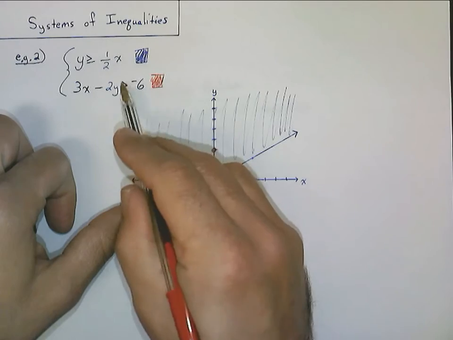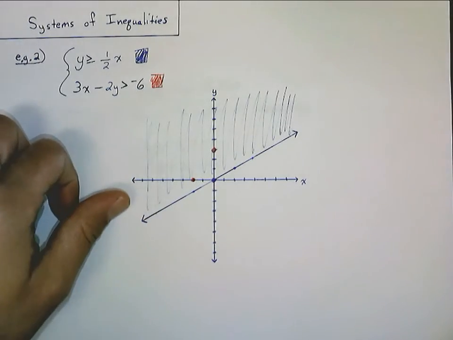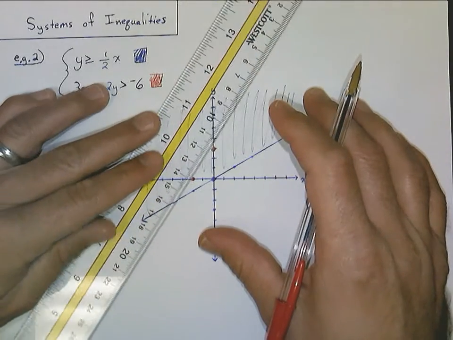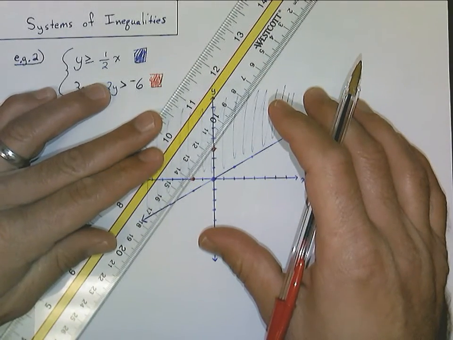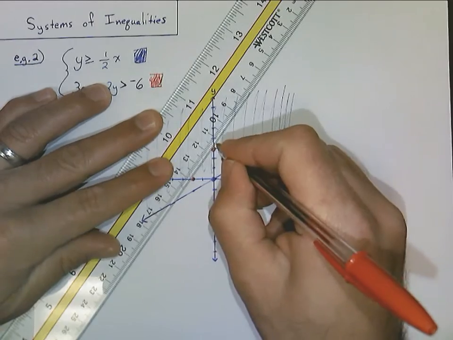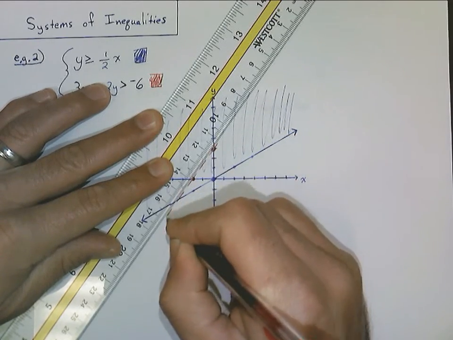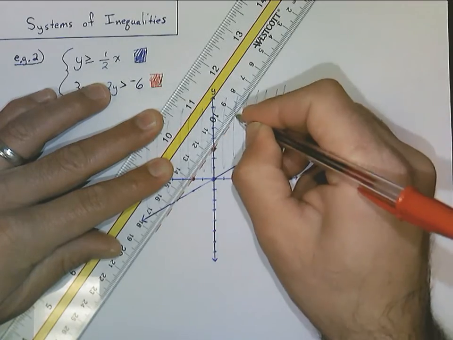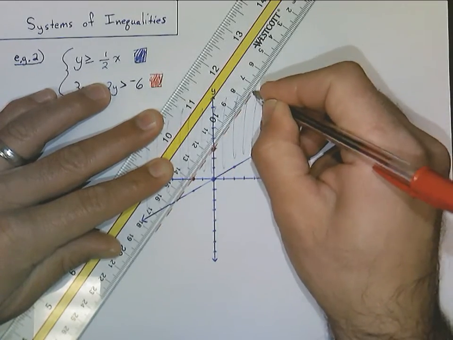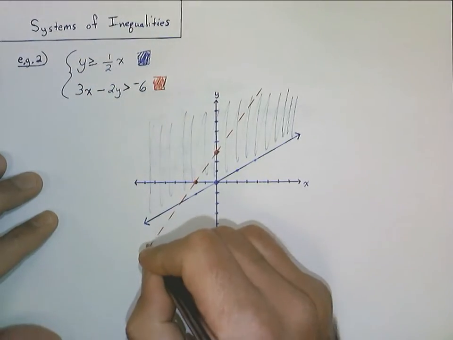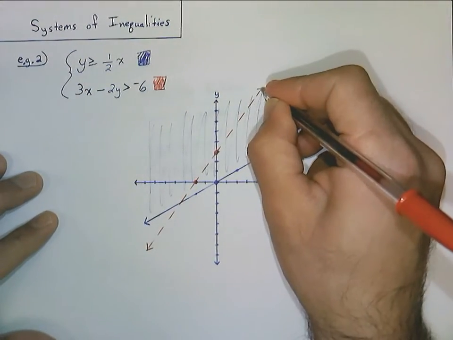But we don't want to include the points on that line because we have a strictly greater than, so we'll use a dotted line to represent that. So there's the boundary for the second inequality.